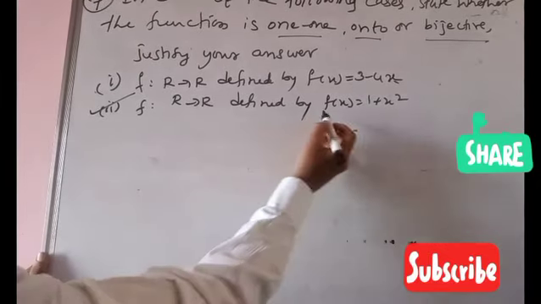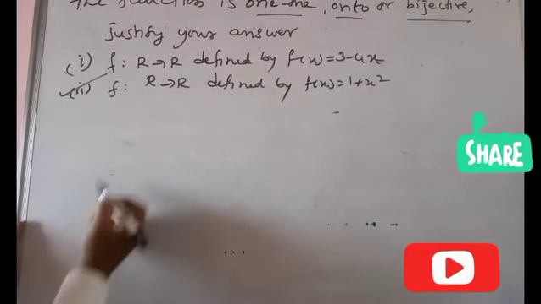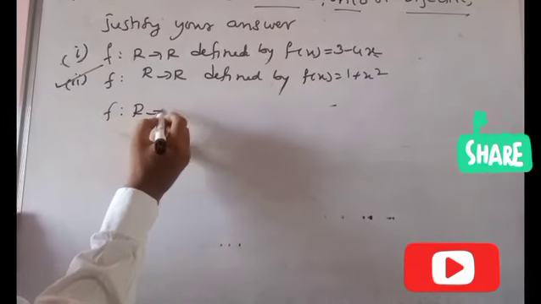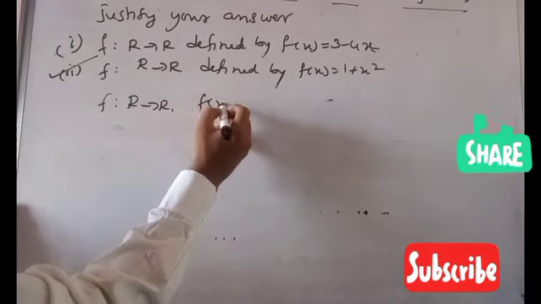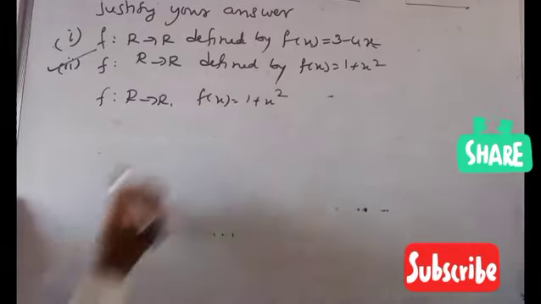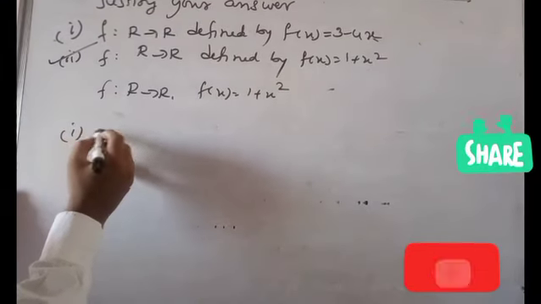Now f from R to R defined by f(x) = 1 + x². Here also f is from R to R, and f(x) is defined as 1 + x². First one, one-one function.